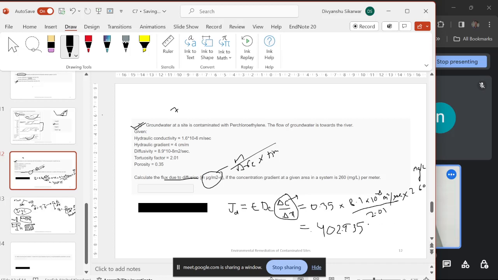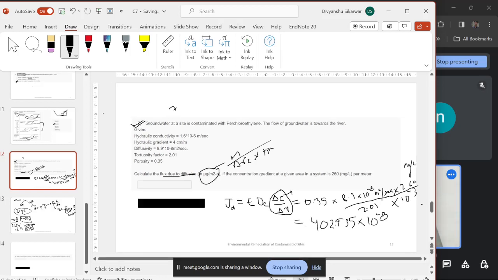402.935 into 10 to the power minus 8. Value will be here we have meter square, but here we have liter, right? So liter, if we convert in meter, it will be around 10 to the power minus 3 here in denominator. 1000 liters is around 1 meter cube, right?